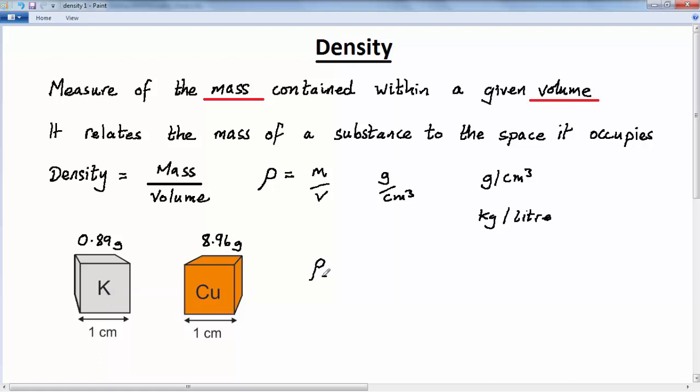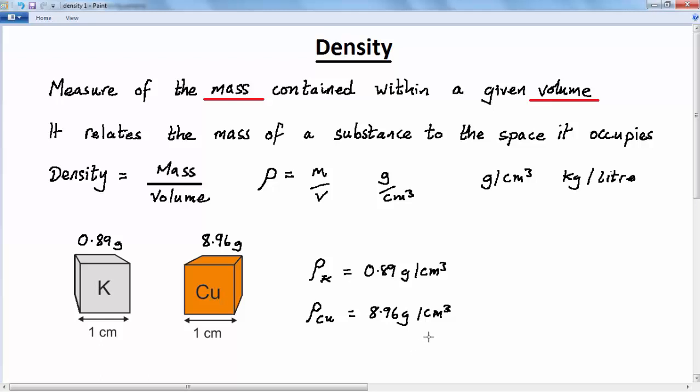So, substituting these values into the equation for density, we can see that the density of potassium, let's write that, rho K, that's the density for potassium, is equal to 0.89 grams per cubic centimetre. While the density for copper, we'll write that as rho Cu, not P, rho, is equal to 8.96 grams per cubic centimetre.